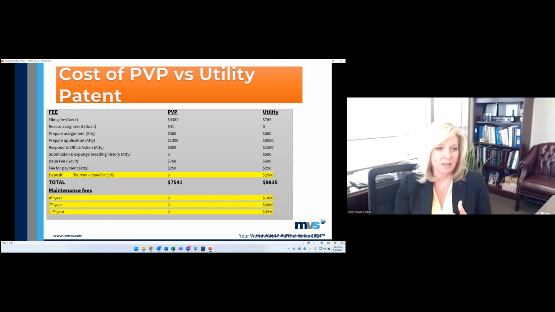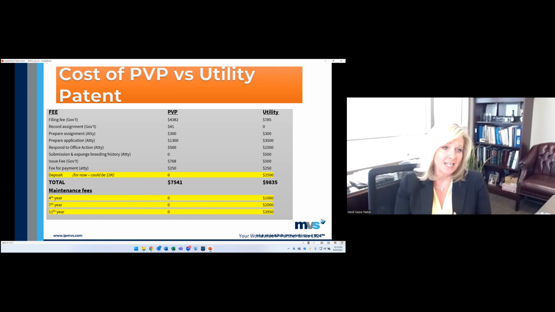A utility patent also includes a deposit of seeds or a deposit of a tissue culture from which the plant can be regenerated to satisfy the enablement requirement. The PVP for now, for the seed deposit, that's included within the $4,382. When looking at an asexually produced plant, the deposit requirement has been put on hold because they're not quite sure how to handle the situation because not all plant varieties can be tissue cultured and then regenerated.